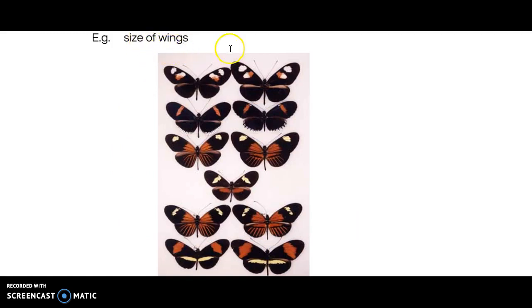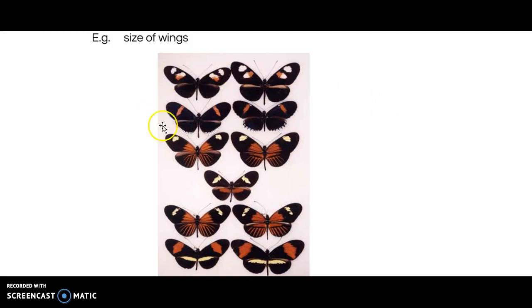So we might be able to classify species based on the size of their wings. That would be a morphological way of classifying a species, right? So I want you to take a close look at this picture here. And here we can see several different species of this particular, I'm not sure if it's a butterfly or a moth. It's kind of hard to tell.